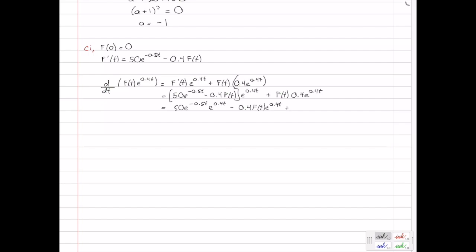And then here I can bring the 0.4 out the front, 0.4 f of t e to the 0.4t. You'll see that this cancels with that there, and we're left with this term. Now we can combine these two exponential terms. We just add the powers, and that will give us negative 0.5 plus 0.4, which is negative 0.1t. And that is what we wanted to prove.